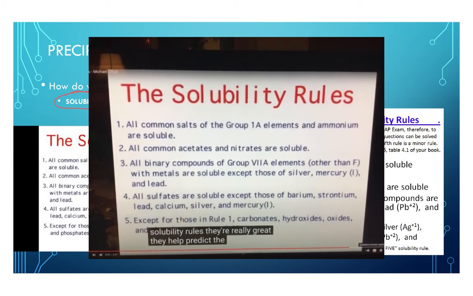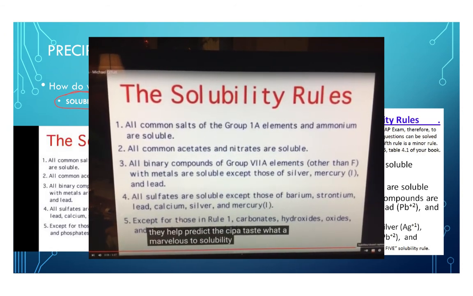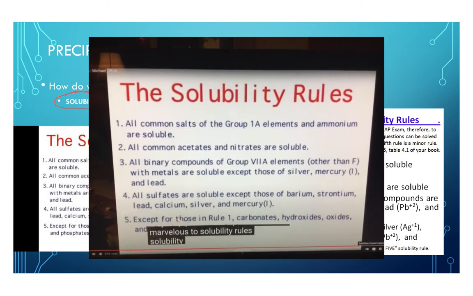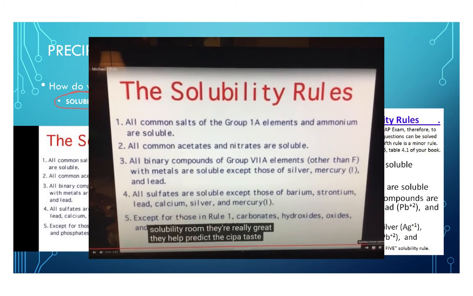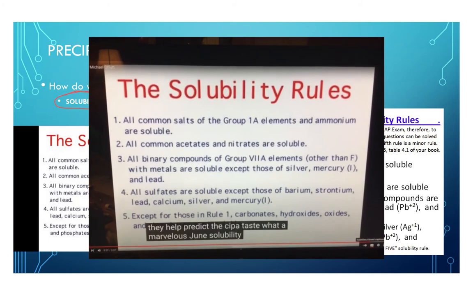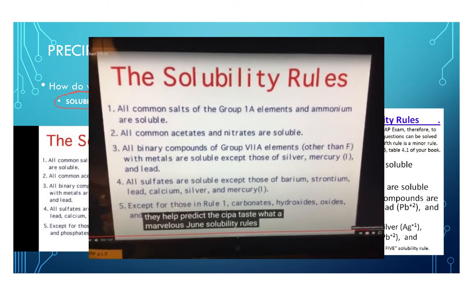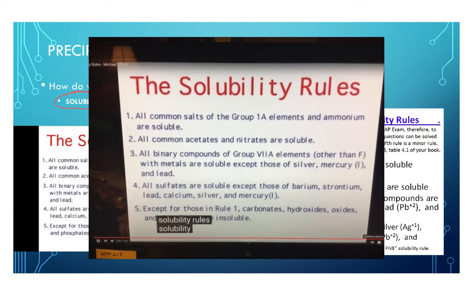They help predict precipitates. What a marvelous tool. Solubility rules. Solubility rules, they're really great. They help predict precipitates. What a marvelous tool. Solubility rules. Solubility rules. Solubility rules.